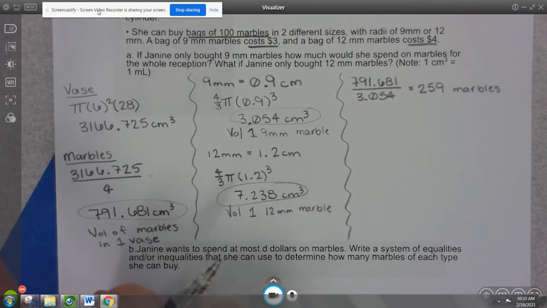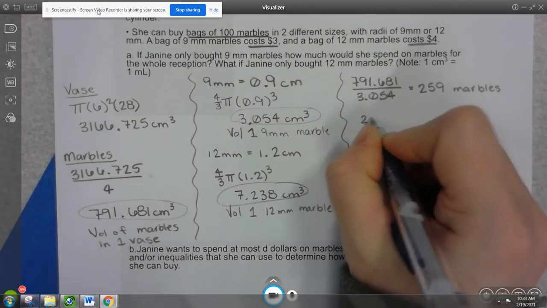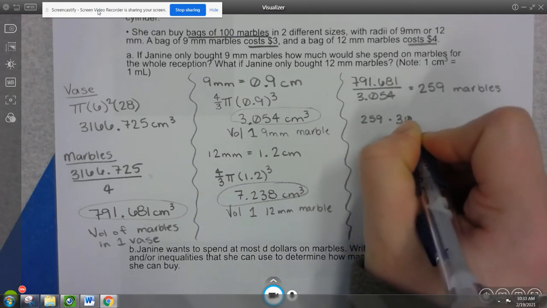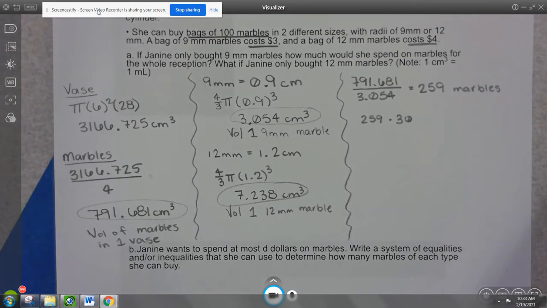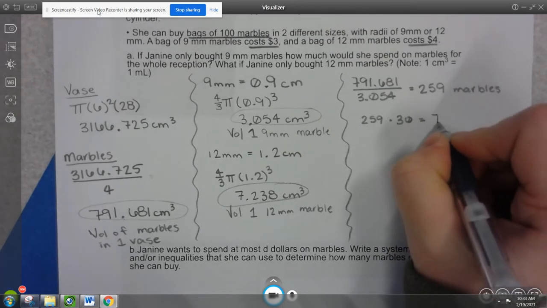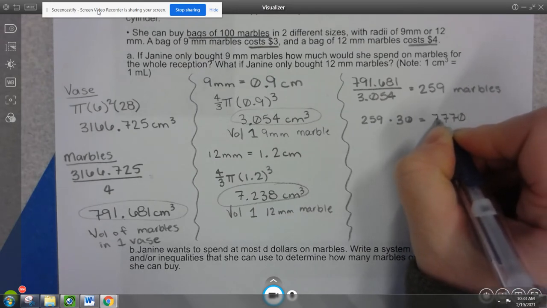Now that's only one vase. I need to do 30 vases. So I need to take 259 and multiply it by 30, and that will be for all 30 vases, which is 7,770 marbles.